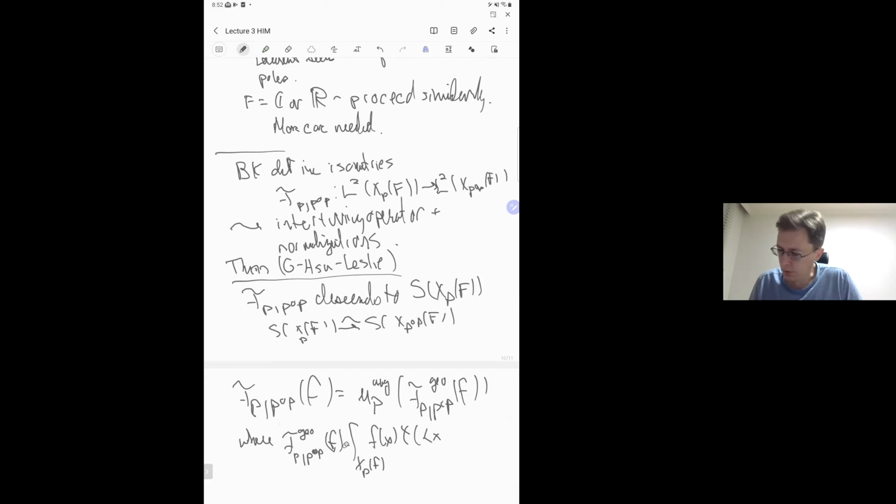So I should put a variable in here. Right. So it's just, in fact, this recovers the case of the cone that I talked about earlier.